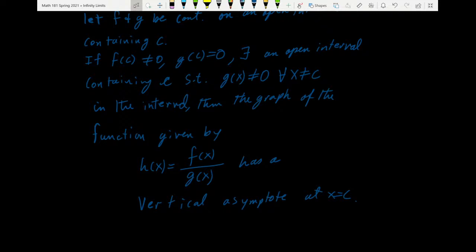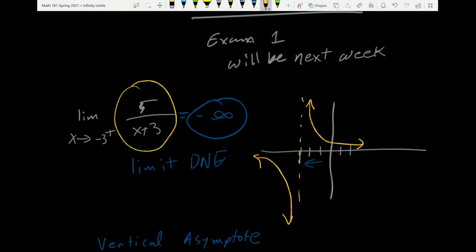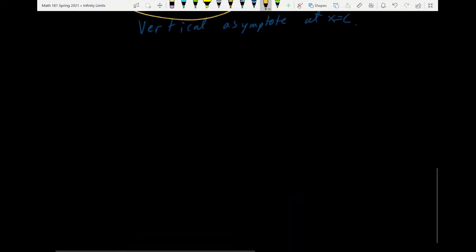Anyway, this is a formal mathematical definition of what we did earlier. See right over here, this tells us that the vertical asymptote is x equals -3, and the theorem tells us that.